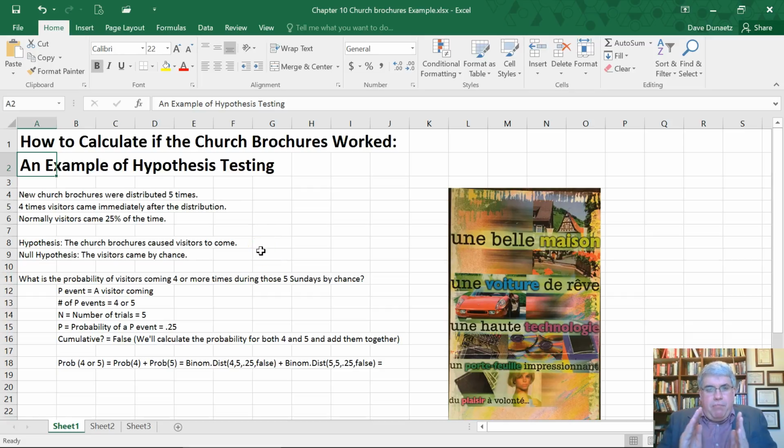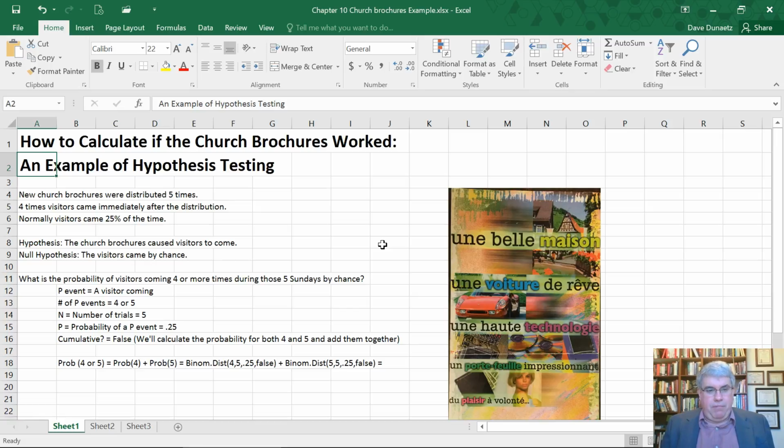And if the probability of the null hypothesis is really small, we'll say, no, it didn't happen by chance. That number of people must have been because of the church brochures. But if the probability of getting that many visitors by chance is fairly high, then we'll say, oh, that's nothing to write home about. The brochures might not have had anything to do with it.